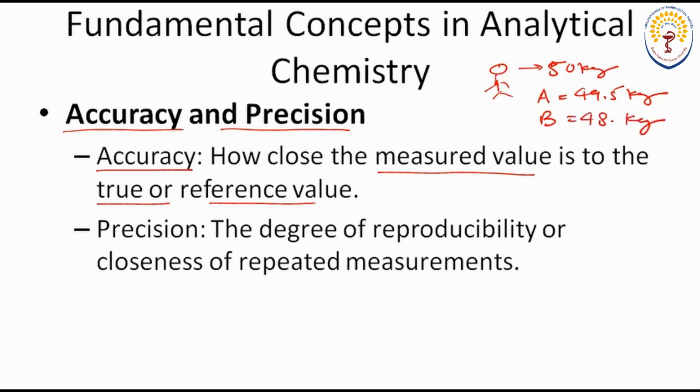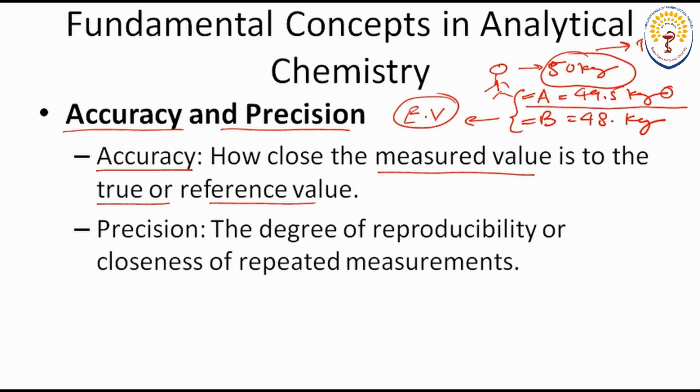Now if I ask which person is more close to the true value, the true value is the actual weight, and the weights calculated by A and B are known as experimental values. If I ask which person has the value more close to 50 kg, the true value, you will say A. The weight calculated by A is 49.5 kilogram. So A is more accurate.